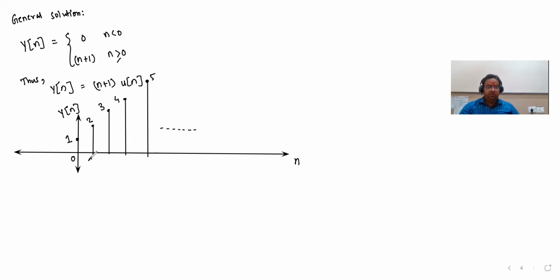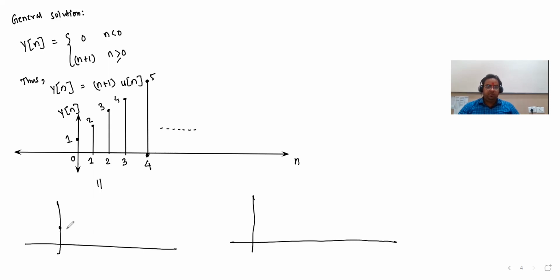When n is equal to 0, 1, 2, 3, and 4, y of n is 1, 2, 3, 4, 5. In this freehand diagram, this is the convolution between u of n and u of n.